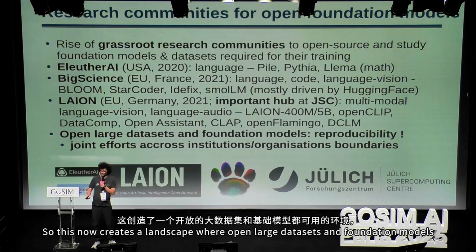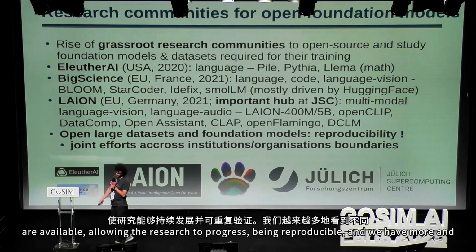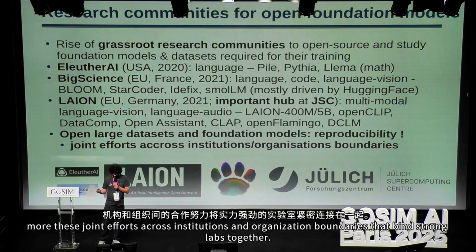So this now creates a landscape where open large datasets and foundation models are available, allowing the research to progress, being reproducible, and we have more and more joint efforts across institutions and organization boundaries that bind strong labs together.